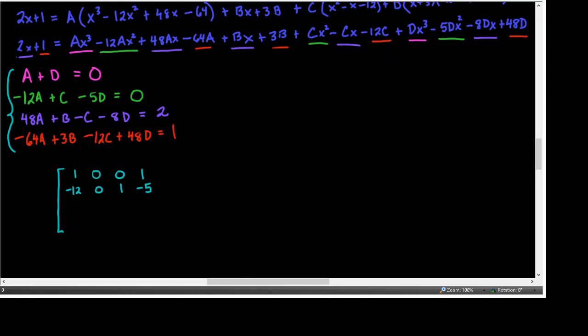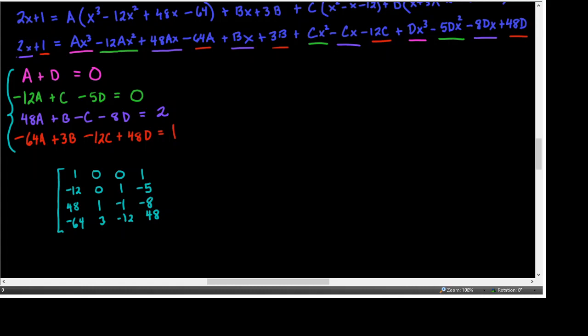The third one is 48a, 1b, negative 1c, negative 8d. And the last one, negative 64a, 3b, negative 12c, and 48d.